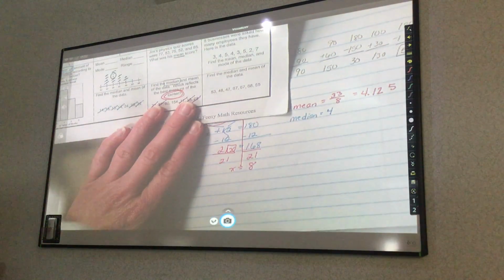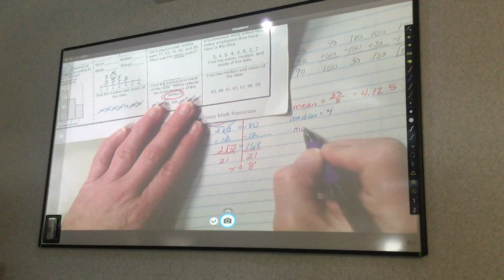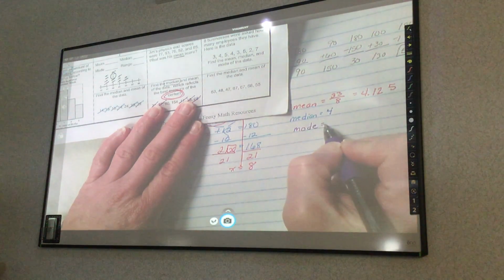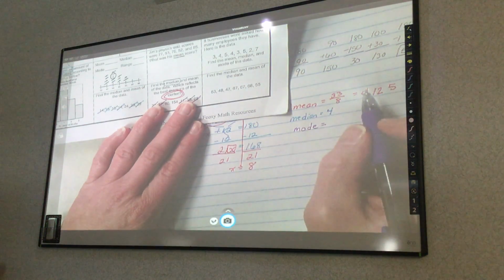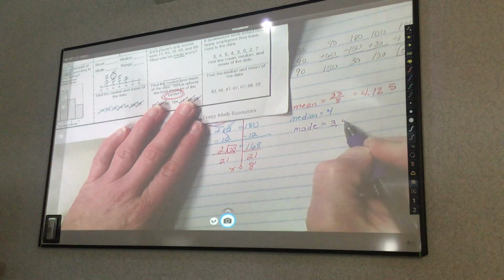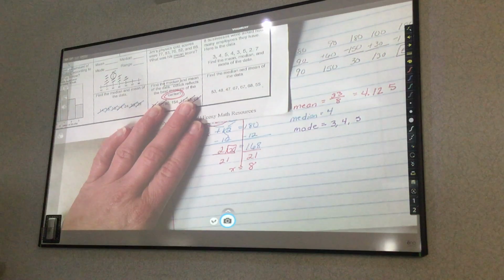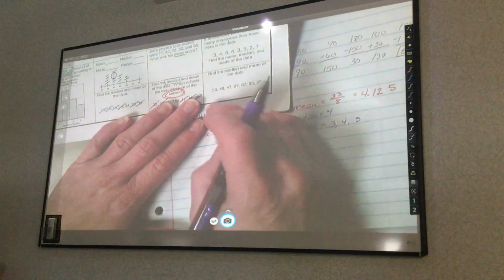And then we have the mode, which is just which one you see the most, and which number do you see the most? 3, 4, 5. It's 3, 4, and 5. Because how many times are those written down? 2 times. So you can have 3 modes.